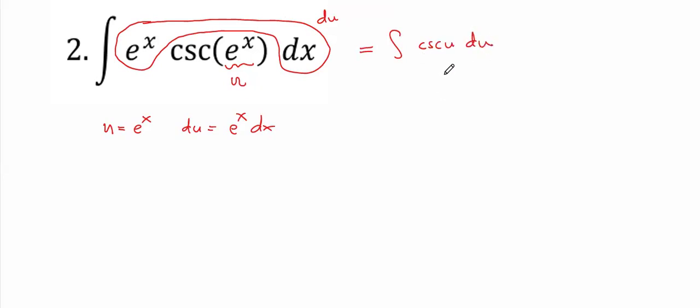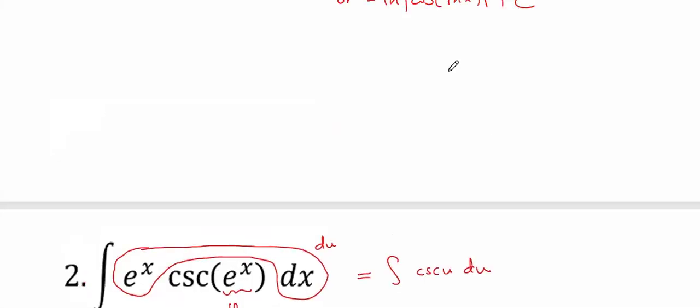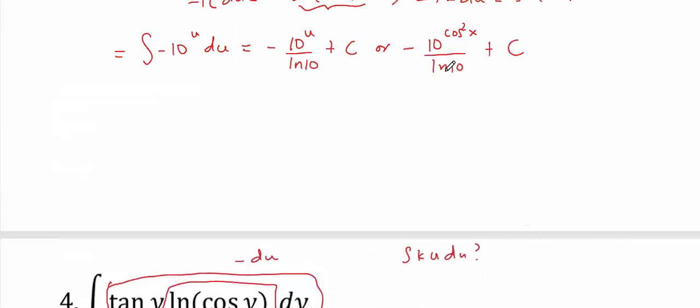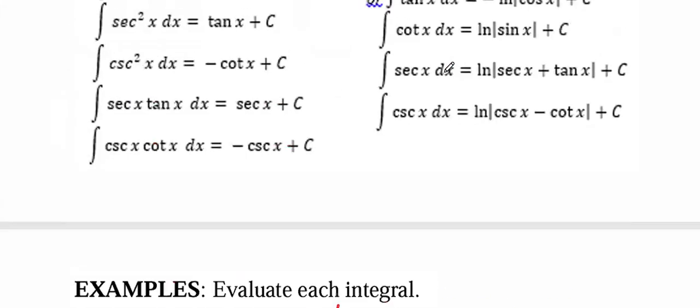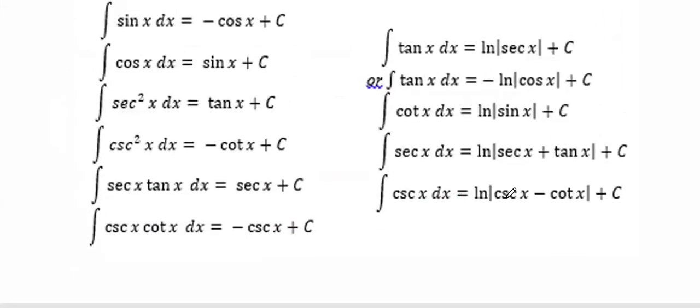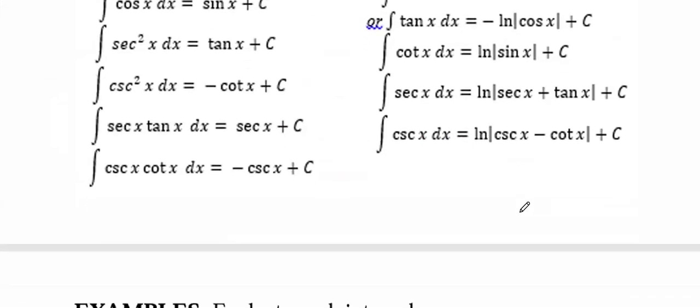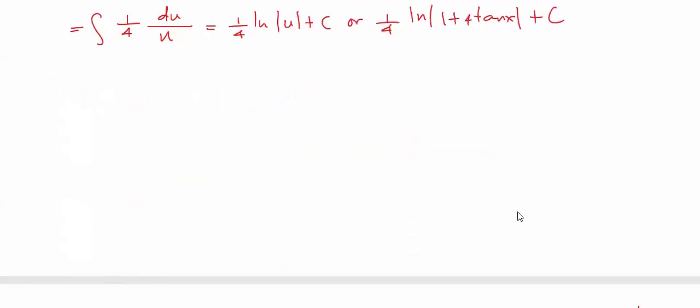Again, we have an integral of cosecant. What is the integral of cosecant? This one: ln cosecant minus cotangent.